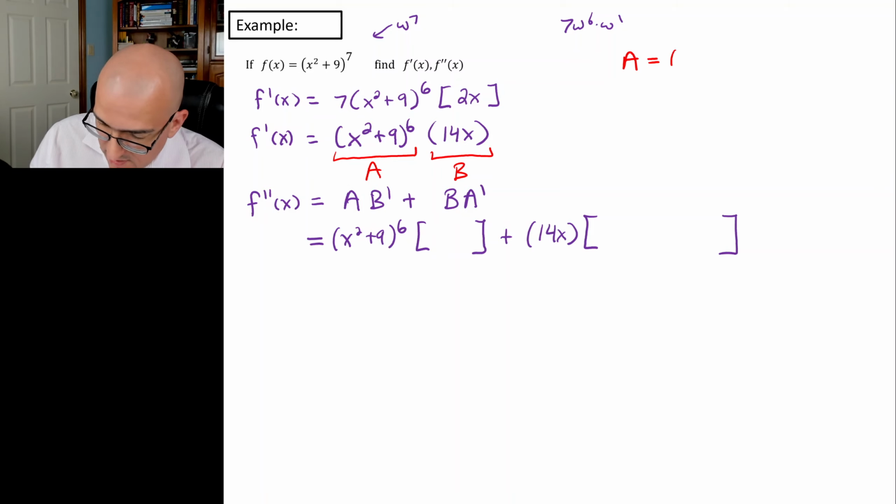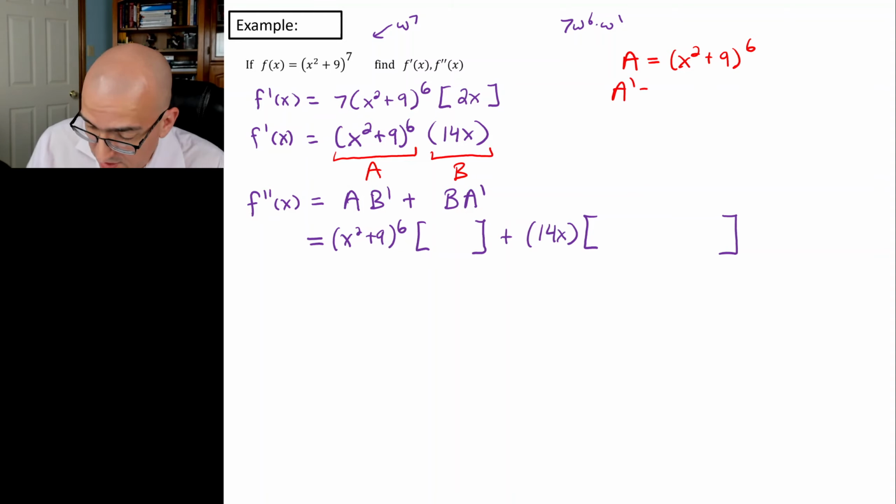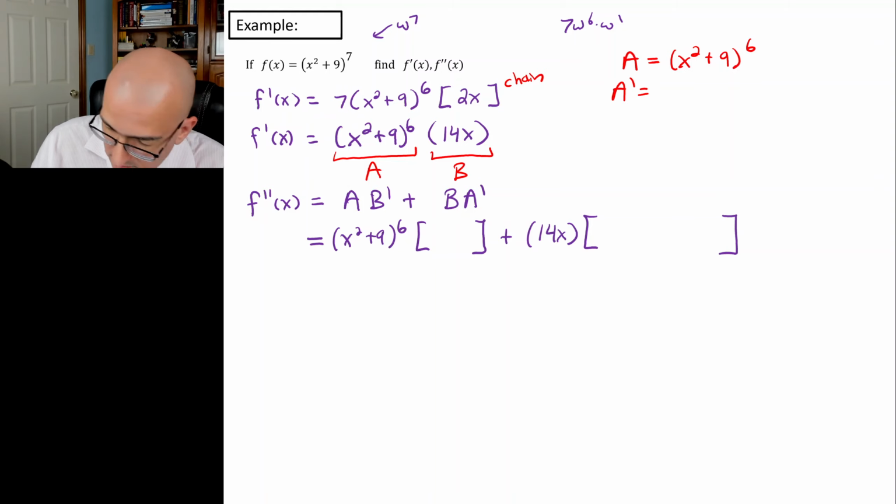So A is x squared plus 9 to the power of 6. We're going to take the derivative of that using the chain rule. Six times x squared plus 9 to the power of 5 times the derivative of the inside, which is 2x.